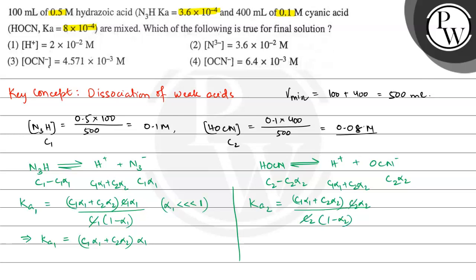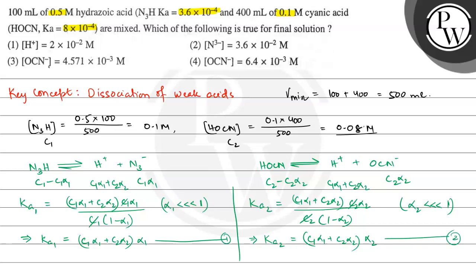So C2 and C2 get cancelled, and 1 minus alpha 2 will also be equal to 1 because alpha 2 is much less than 1. So we will get this expression: Ka2 is equal to C1 alpha 1 plus C2 alpha 2 multiplied by alpha 2. Alright, so let us number these two equations, equation 1 and equation 2.